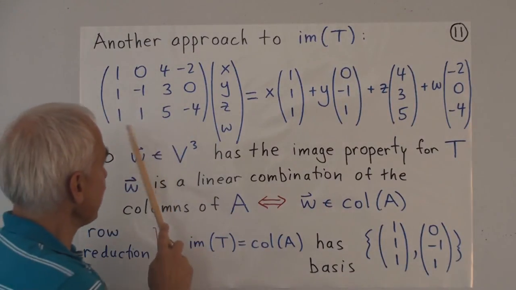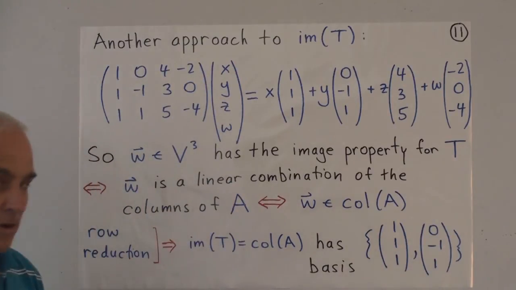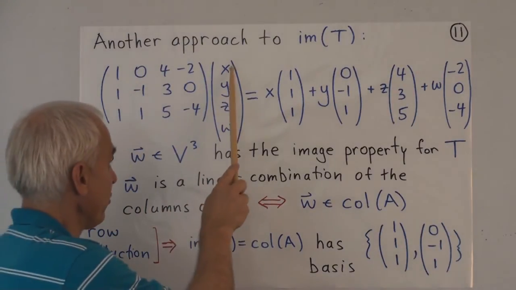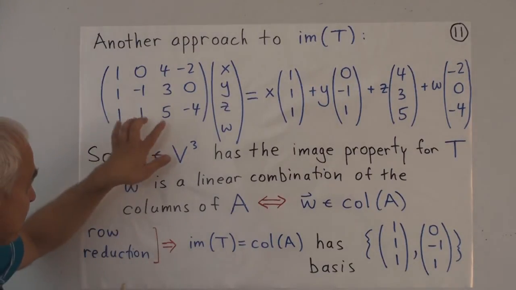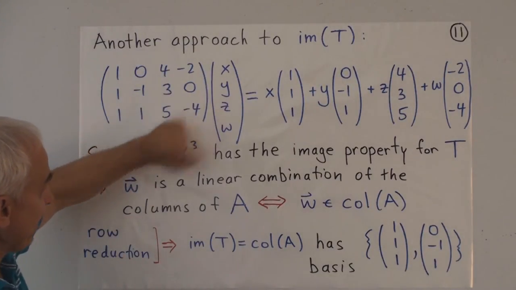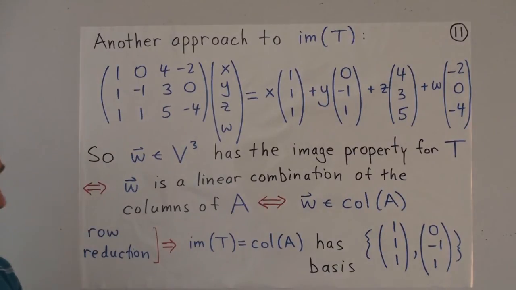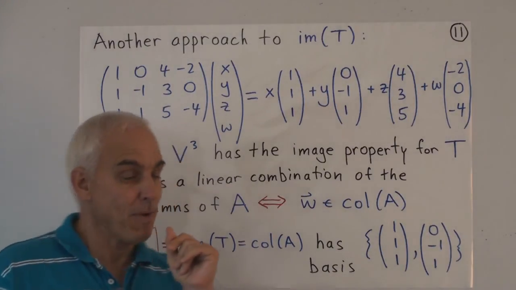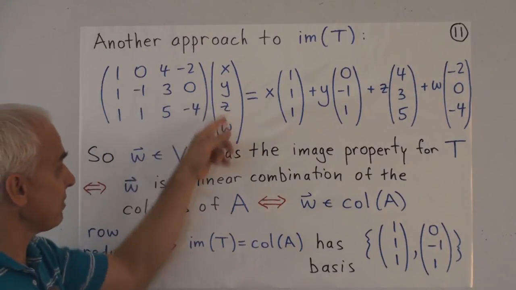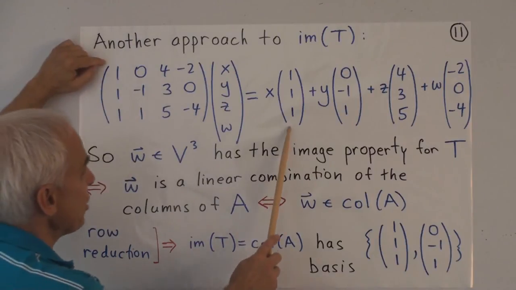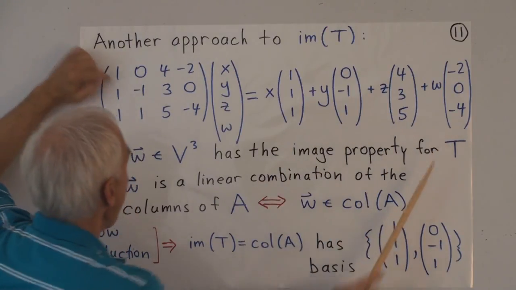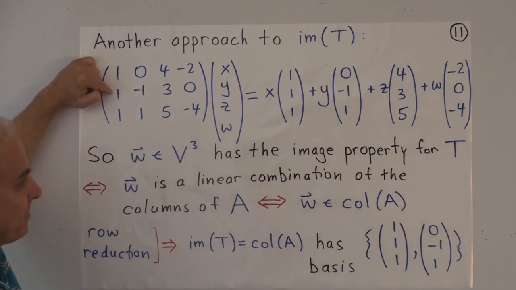So here's another approach. Let's have another look at our matrix A and a general vector in 4-dimensional space. What happens when we multiply A by this vector x, y, z, w? Well, I hope you all know that when you multiply a matrix on the right by a column vector, what you're getting is a linear combination of the columns of the matrix.